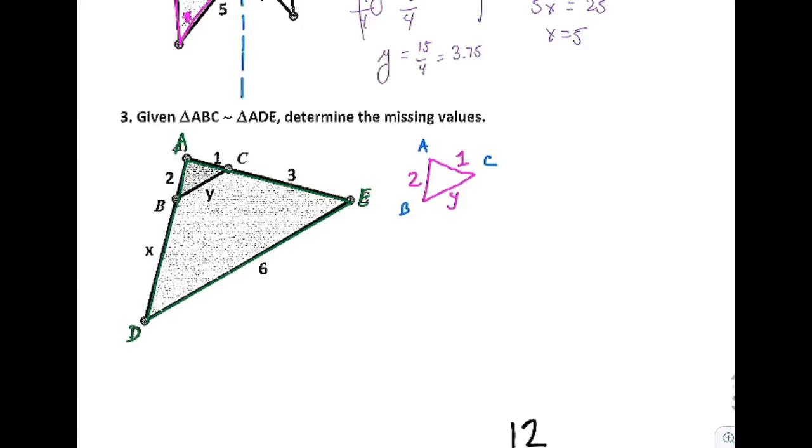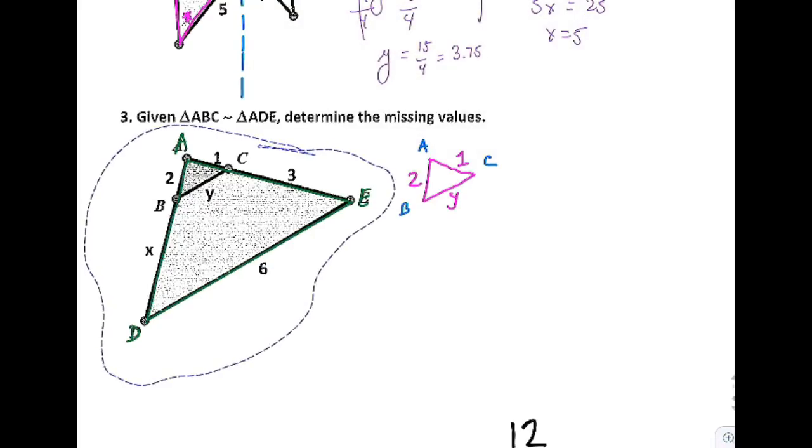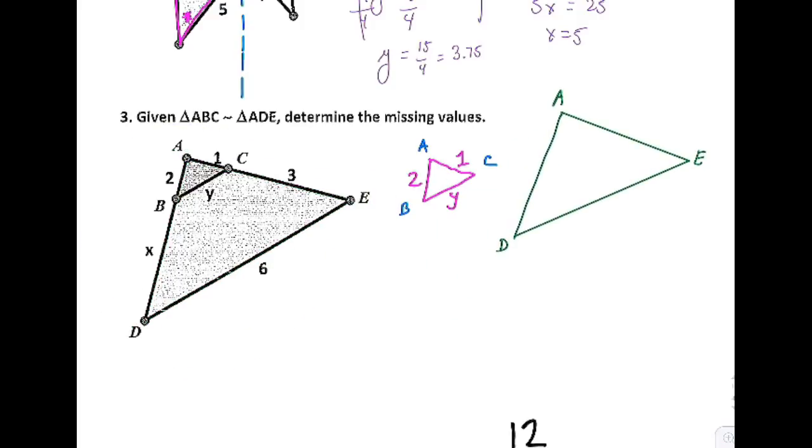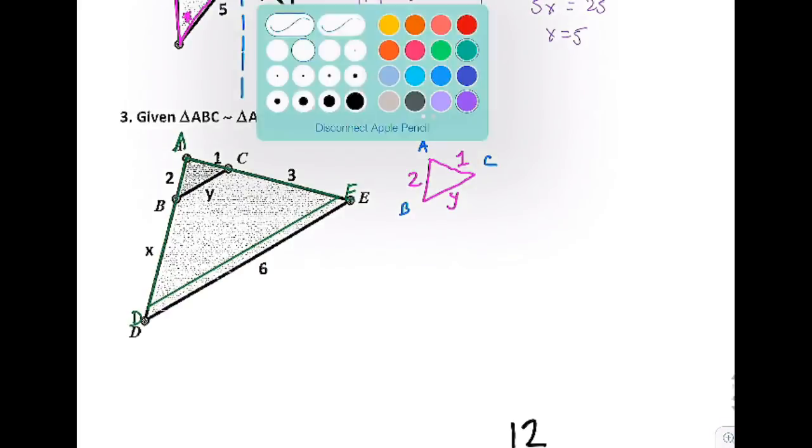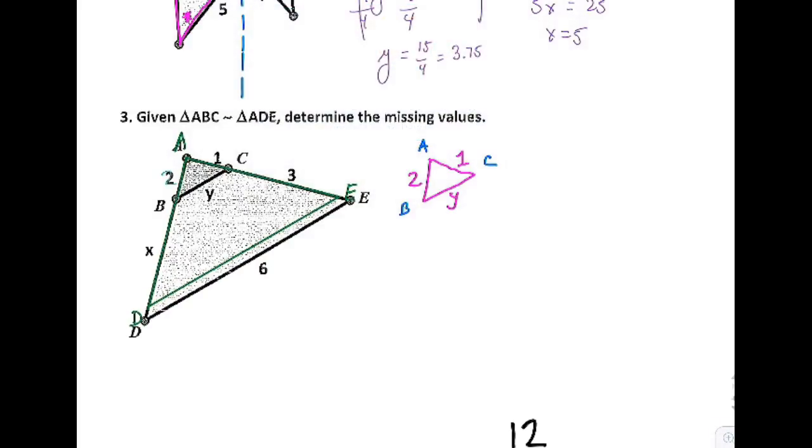So ABC has the sides 1, 2, and y. And then, make sure you're pausing this if you need time to do that. And then you have the big triangle that's going to have the sides of, you have 2 and x there, you have 1 and 3 there, and you have 6 on the bottom.